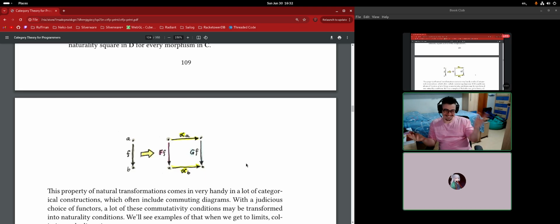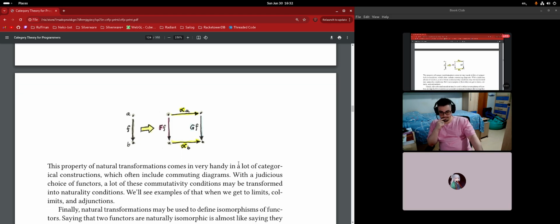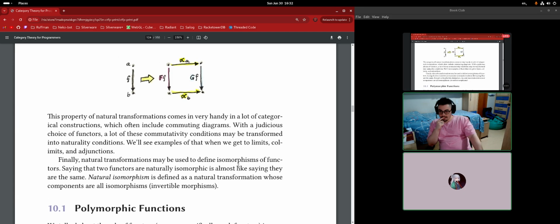You are mapping f from A to B to the square. Yes. This property of natural transformations comes in very handy in a lot of stuff.